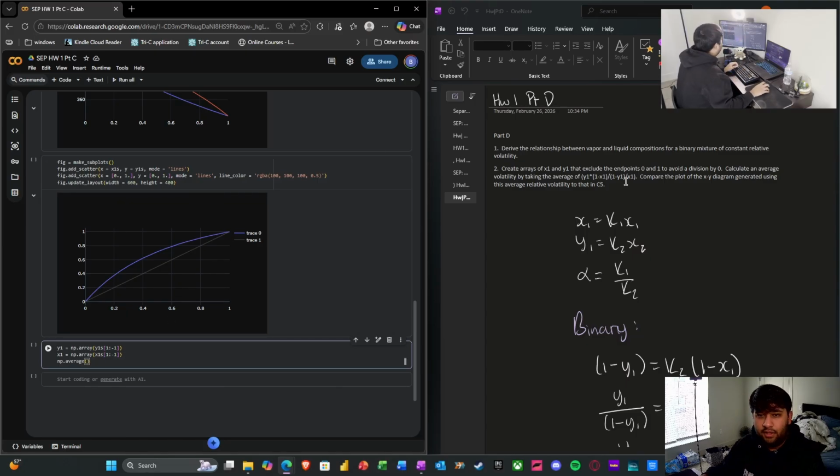And we're just going to plug in this equation right here. So we're going to have y1 times 1 minus x1 divided by 1 minus y1 divided by x1. Yep.